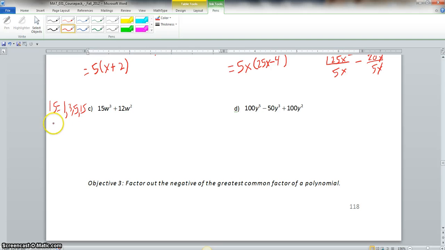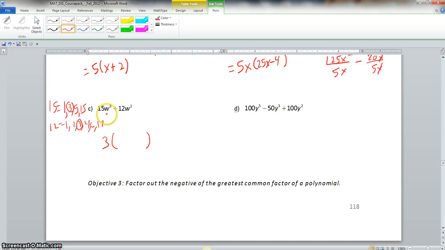Next, we have the factors of 12. 12's factors are 1, 2, 3, 4, 6, and also 12. Now, their greatest common factor is 3 here. So we know on the outside here, we will have 3 and then our parenthesis.